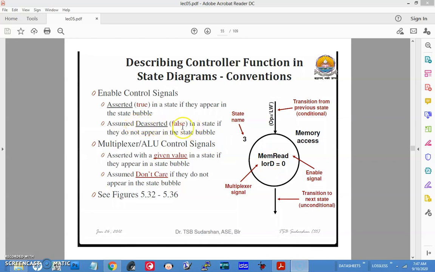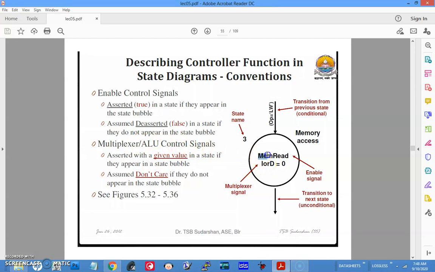They are assumed deasserted if they do not appear in the state bubble. So this is a state bubble. If some control lines you will not see here, that means they are false. For example, mem to reg, register destination, etc. are not shown here. That means they are deasserted. So asserted with a given value for multiplexer and ALU control signals.